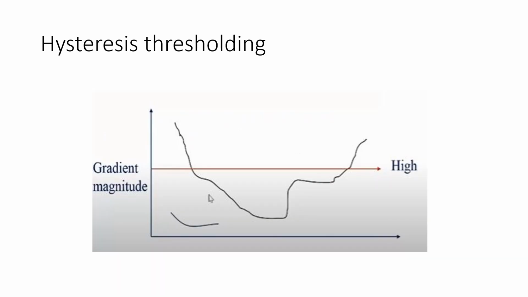The fourth and final step, after all the 3 steps mentioned earlier, is the hysteresis thresholding. In hysteresis thresholding, the Canny algorithm adopts a double threshold method to select edge points after non-maximum suppression. The pixels whose gradient magnitude is above the high threshold will be marked as edge points, and those whose gradient magnitude is lower than the lower threshold will be marked as non-edge points.